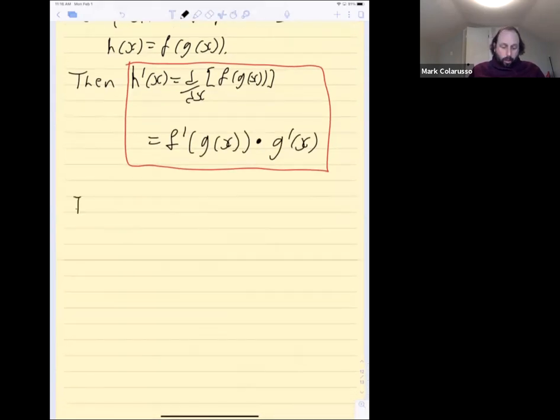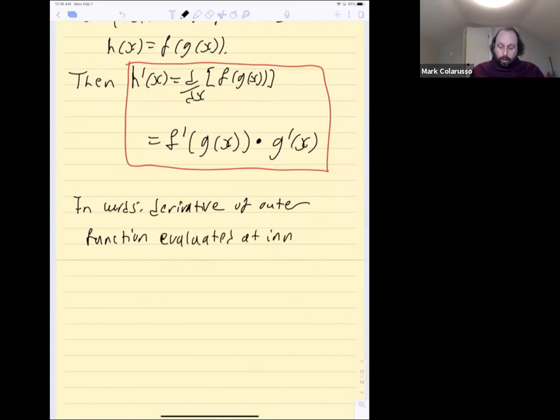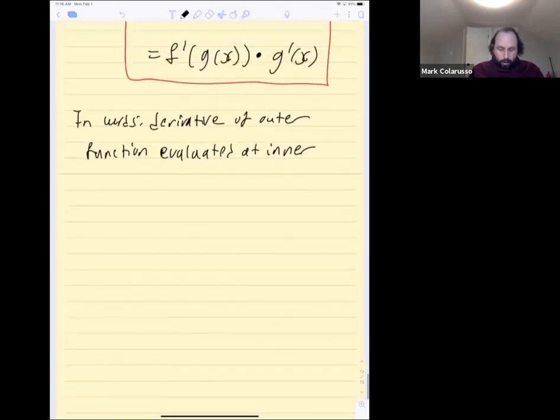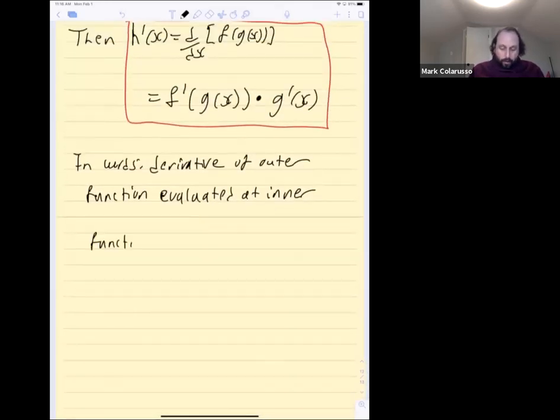So this is, in words, derivative of outer function evaluated at inner function times derivative of inner function.